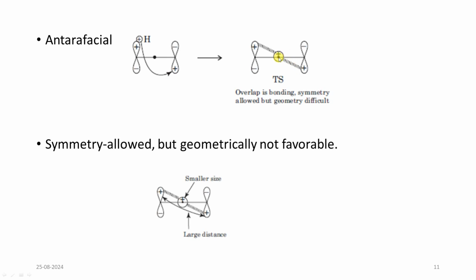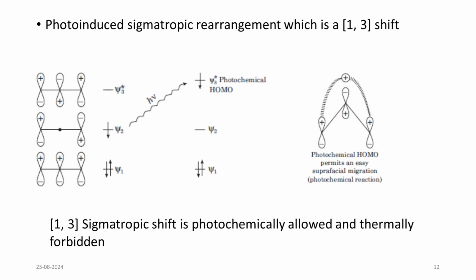So there is no effective interaction between the s orbital and the p orbital, and therefore no formation of bond. Although this is symmetry allowed, it is geometrically not favorable, so the reaction is not taking place. So the 1,3 hydrogen shift, either suprafacial or antarafacial, is thermally forbidden.